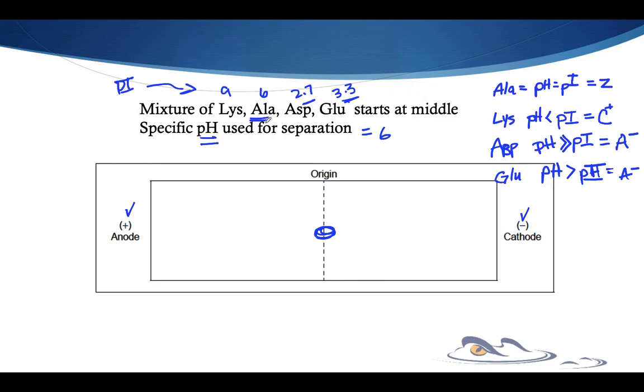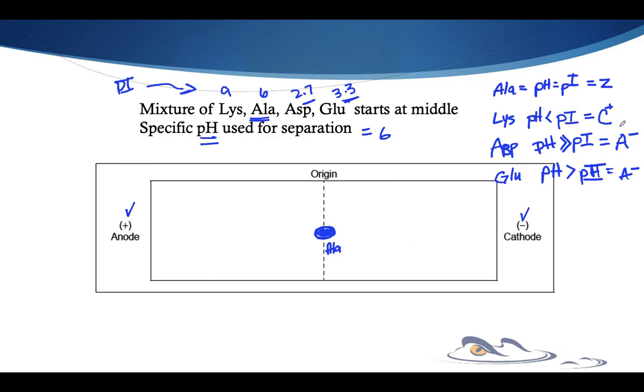The alanine, where the pH and the pI were equal to each other, is going to be predominantly in its Zwitterion form. The Zwitterion has both a positive and a negative charge, so it's just going to sit right here and not move. So I'm going to label this the alanine right here, and it's not going to move one way or the other.